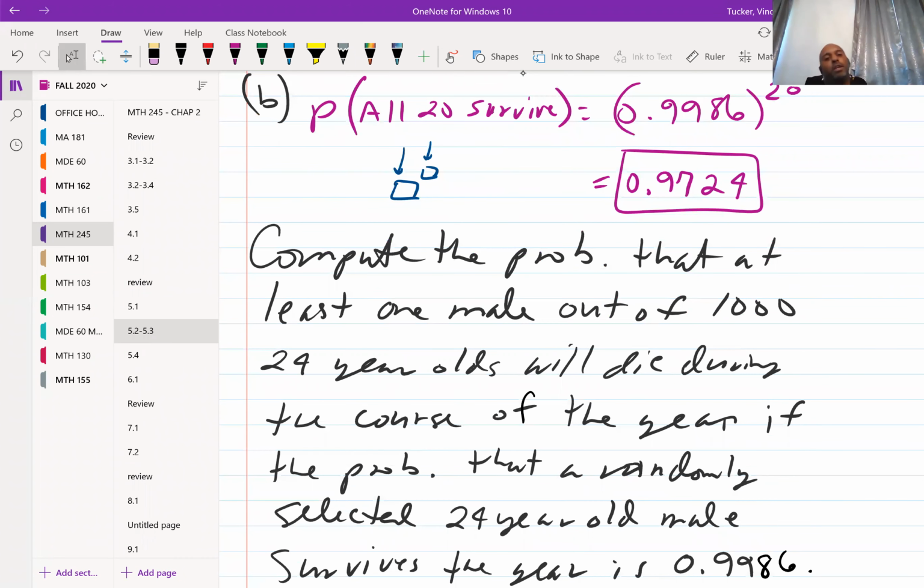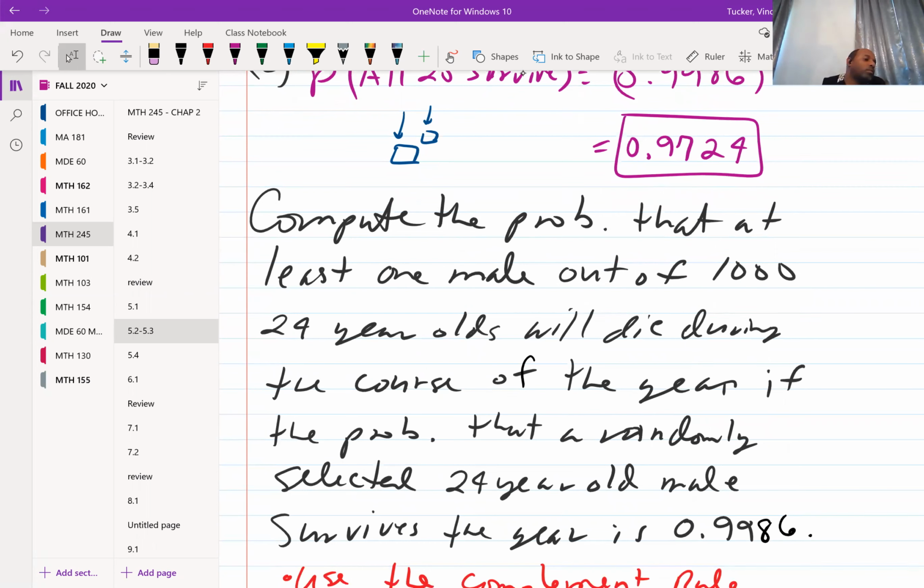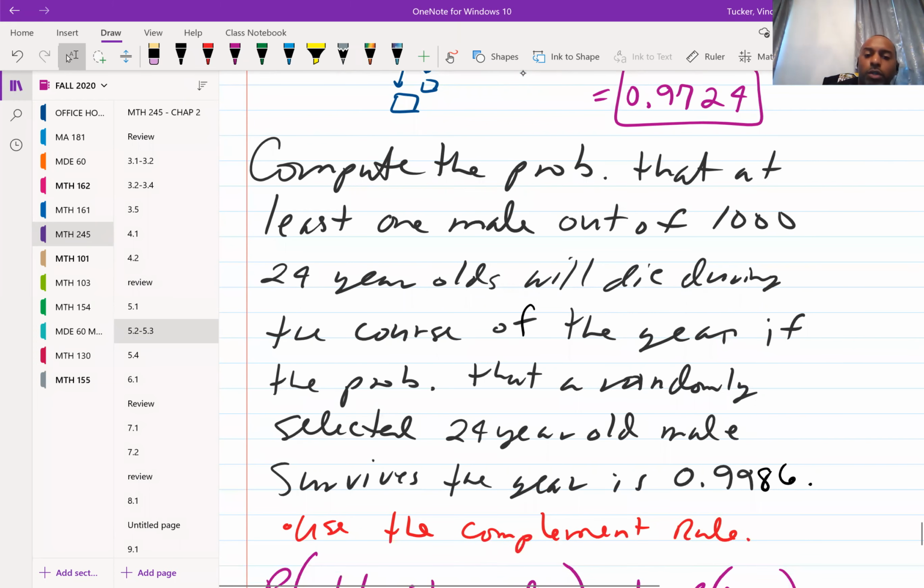All right, so here's the probability that at least one male out of 1,000 24-year-old males will die during the course of the year, if the probability that a randomly selected 24-year-old male survives the year is 0.9986. We're going to use the complement rule here.